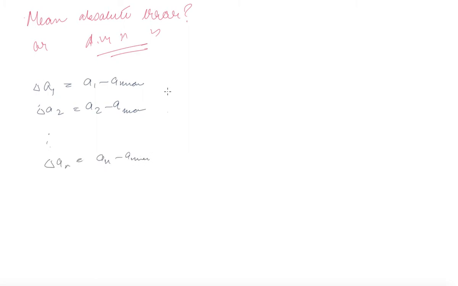So mean of absolute error is nothing but the total absolute errors whole divided by n. If there are n numbers, divide this by n. So this is what is meant by mean absolute error.